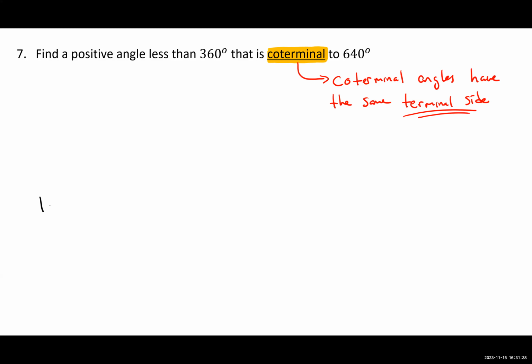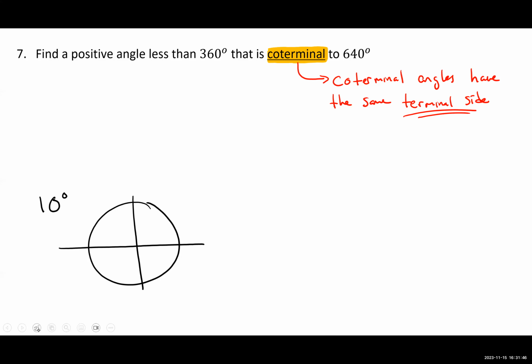So for example, think about 10 degrees and where that is on the circle. Well, it's a small angle, 10 degrees, so maybe about right there.